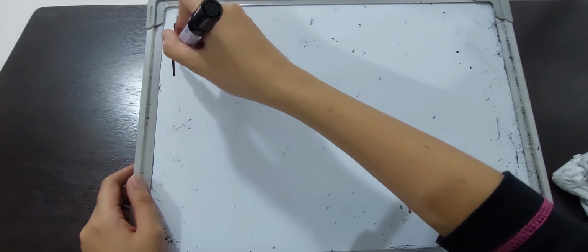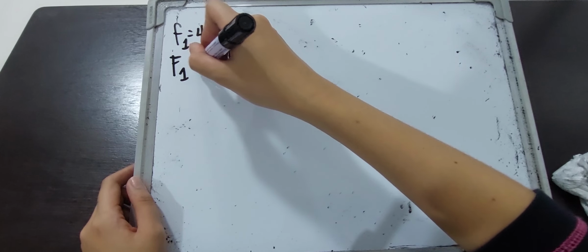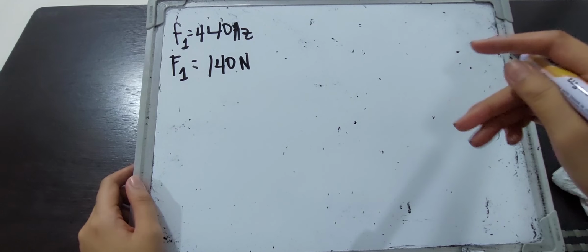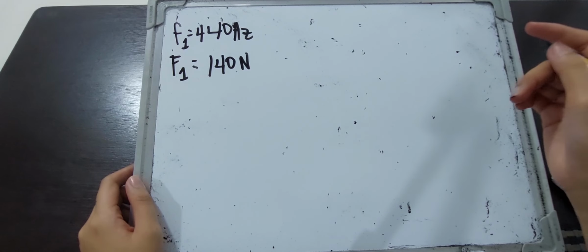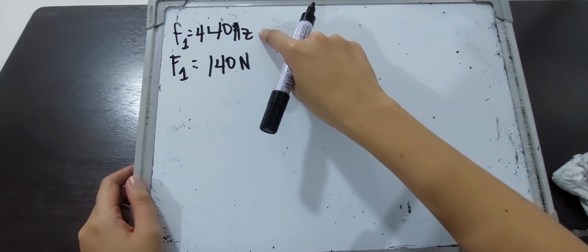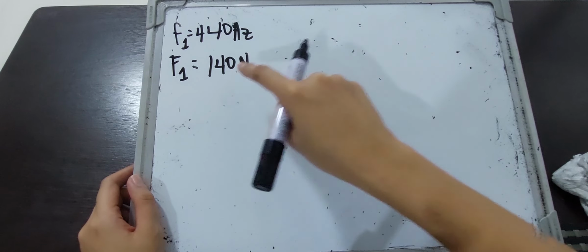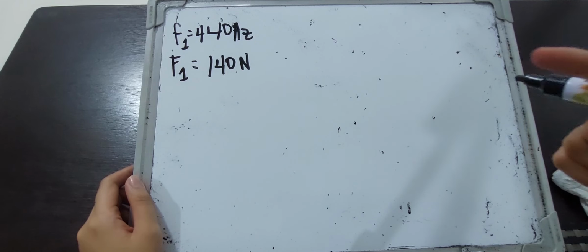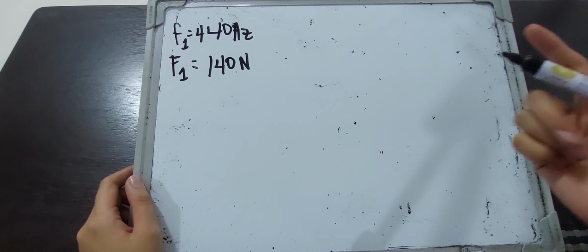So, we have the F1 of 140 Newtons. So, our piano string A, which has 440 Hz, is under a tension of 140 Newtons.